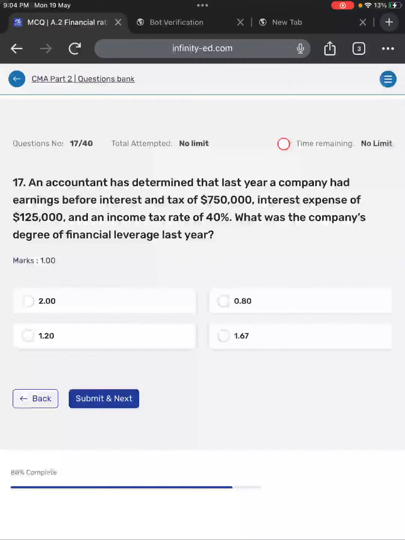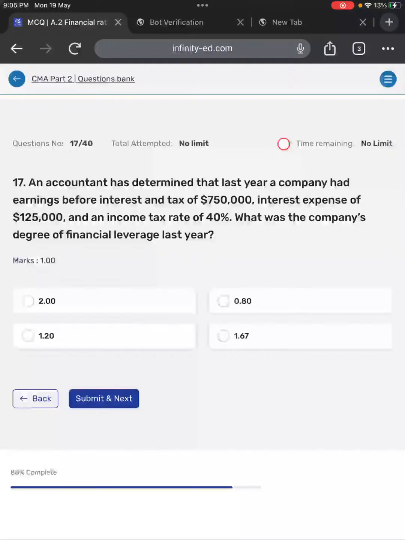Now in question number 17, let's go for question number 17. I think this is the easiest question, right? Given earning before interest and tax, EBIT 7,50,000, interest expenses given 1,25,000, income tax given 40%.